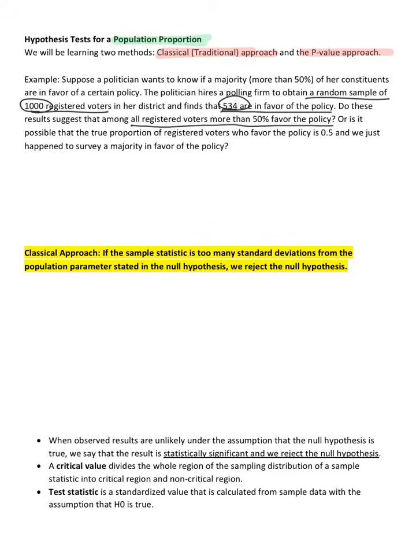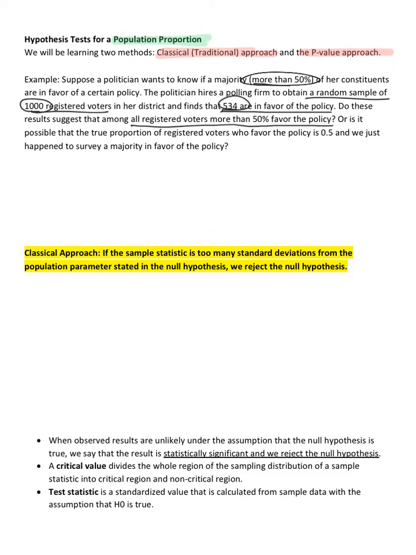So before we talk about how to carry out a hypothesis test, let's understand what we're really doing here, okay? Now this politician is wondering if more than 50% of her constituents favor the policy.